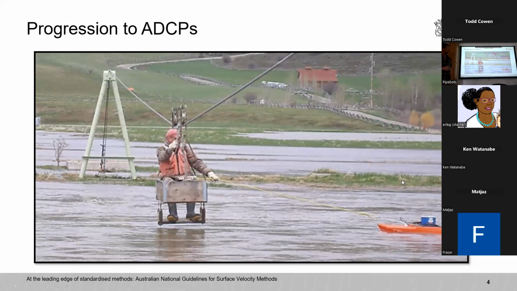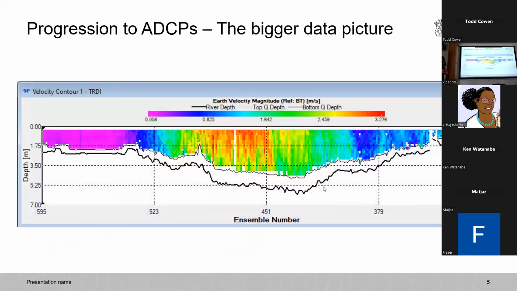Then we progressed on to ADCPs, and these really have been a game changer. Probably the main way, as most of you know, that high flow measurements have been undertaken with our department for the last 20 years.